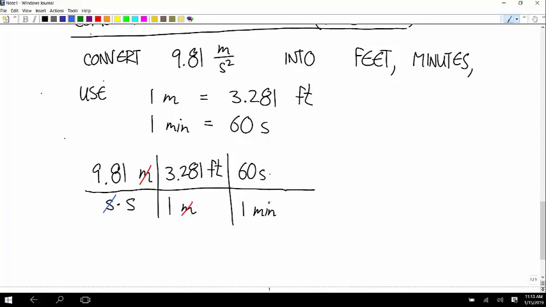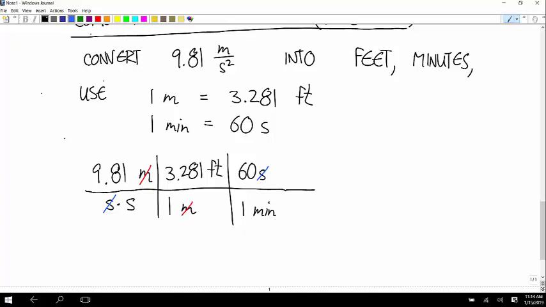And that cancels one of these, but not the other. So if we multiply these numbers out now, we'd have units of feet per second times minutes, which is a unit of acceleration, but not the one that we're looking for.